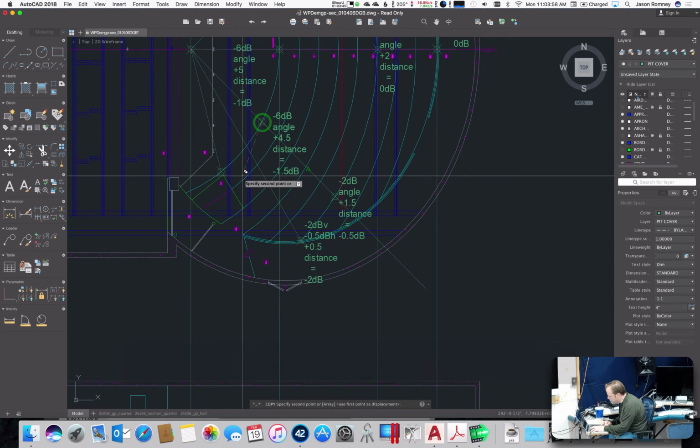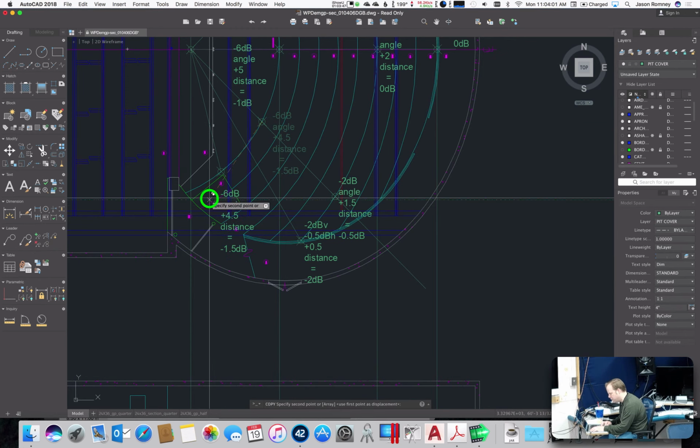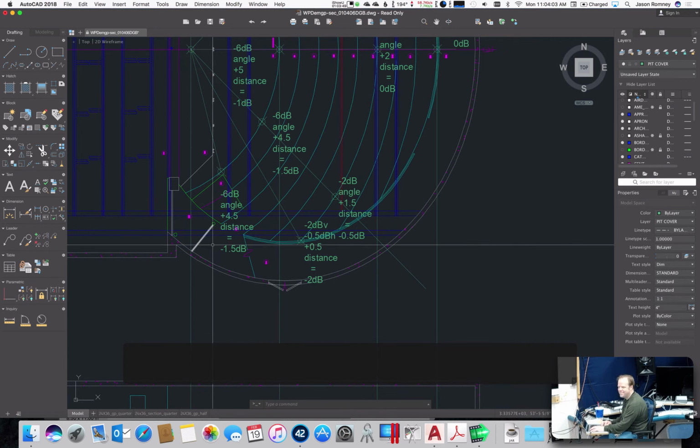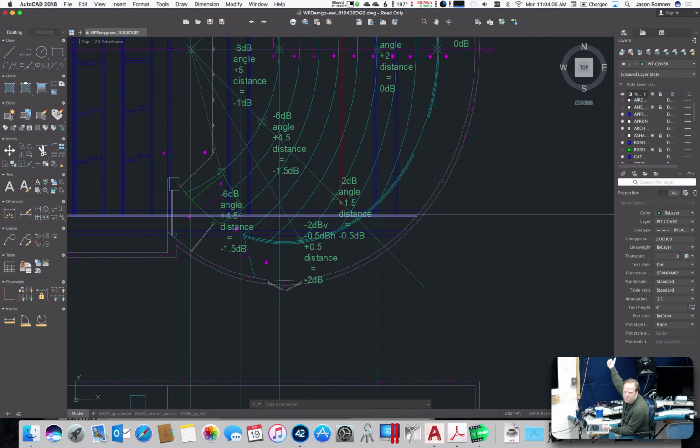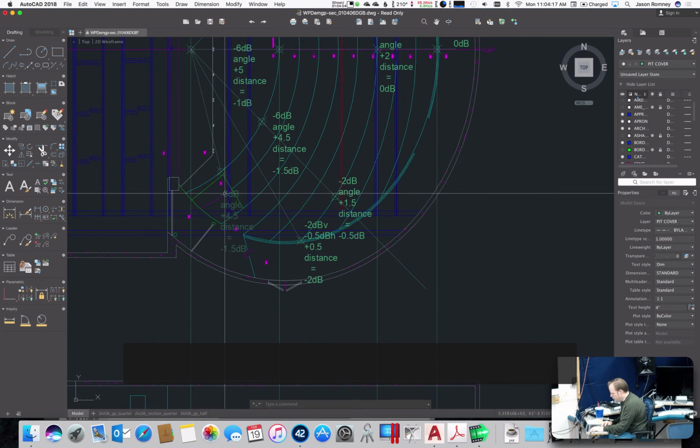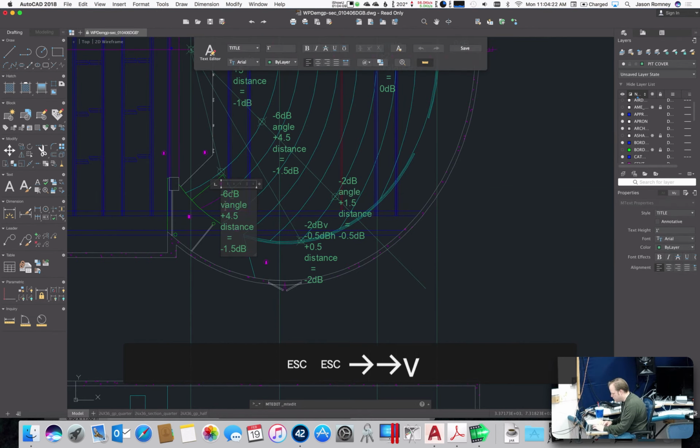The reason I'm copying this is I don't want to have to refigure all this data again. Rather than going all the way back to square one, this is why you write every step down, so that you can always go back and figure out where you have to intercept that data to introduce these new values. Okay, so I know I am minus 6 dB on the vertical.